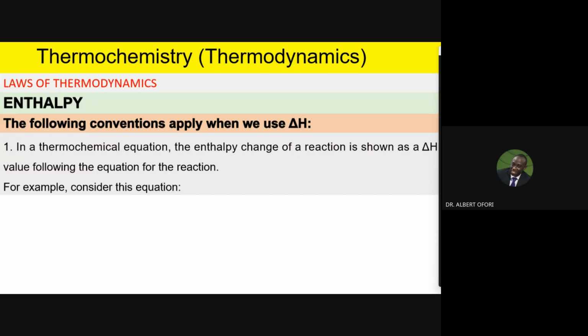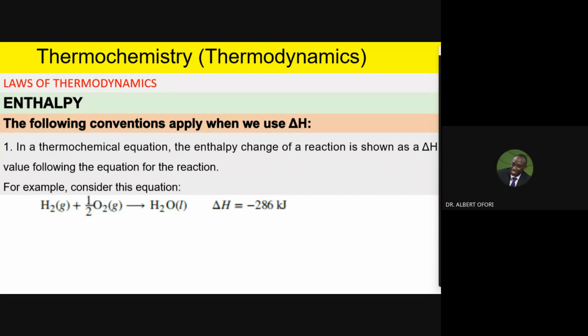In most thermochemical equations, for example, we consider this reaction, 1 mole of that produces this amount. The enthalpy here is minus 286 kilojoules. That means that it is exothermic.